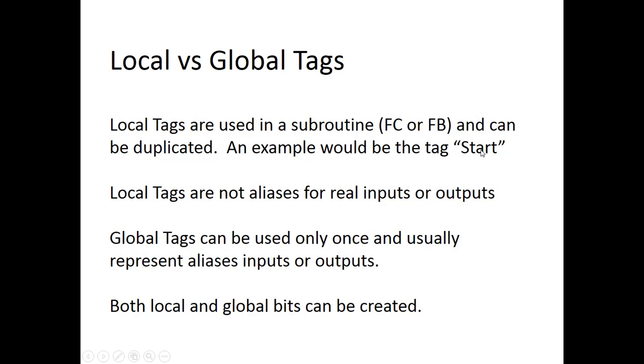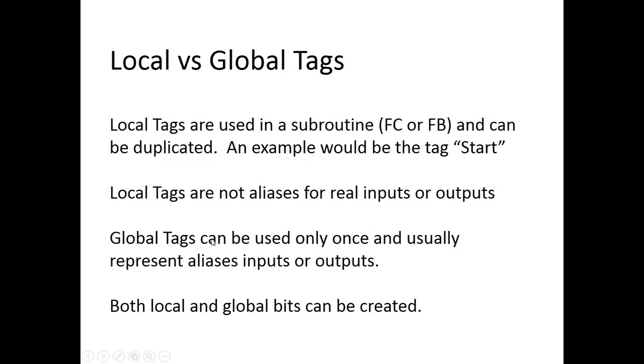And then you might be thinking, well, you said you can't use the same output twice. Well, the local tags are not aliased to real inputs or real outputs. So you can use the same name over and over again inside of the functions and function blocks, because the subroutines have nothing to do with each other. They don't know what's happening inside of each function block.